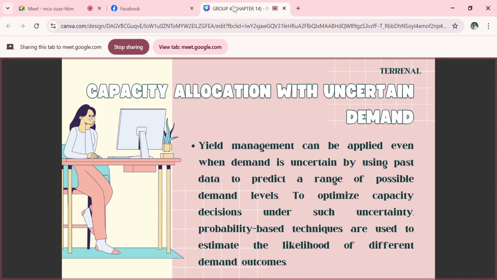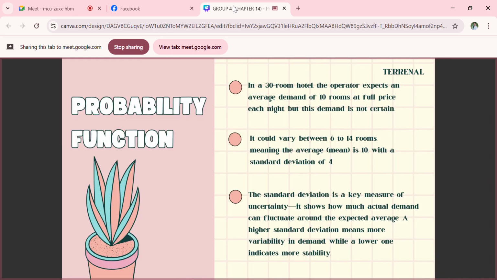A common tool for this is the normal distribution function, also called the Gaussian or bell curve, which describes how demand varies. Forecasters only need two key metrics: the expected average demand and the range of variability. Next slide, please.